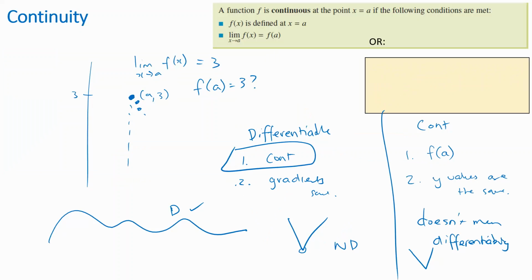Because the first condition says it has to be continuous. You can't have a discontinuous graph and say that it's differentiable. As soon as you're discontinuous, it is not differentiable. You can be continuous but not be differentiable, or you can be continuous and be differentiable. That's all I'm saying. Okay?